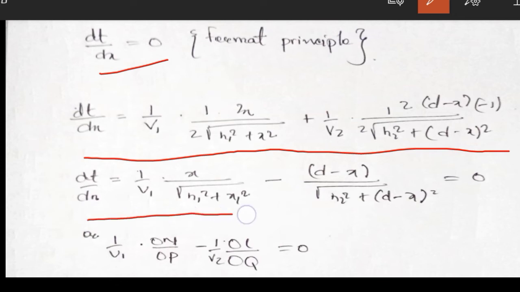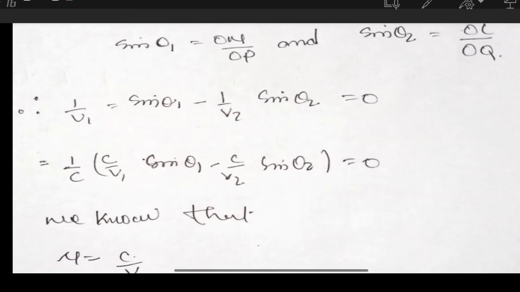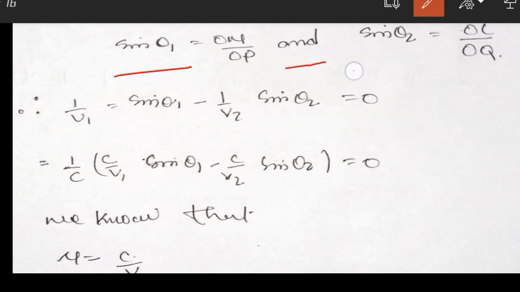After differentiating, for further evaluating, we get this. We know that sin theta 1 is equal to OM by OP, and sin theta 2 is equal to OL by OQ, from the figure.